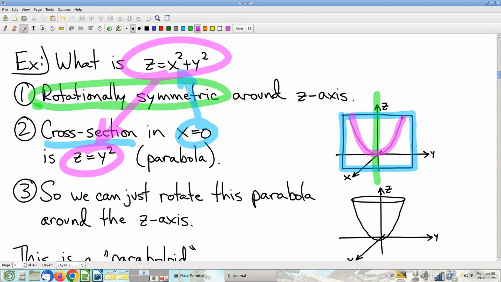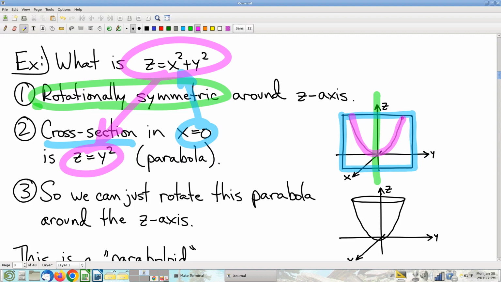All right, now let me pause and make sure everybody's still on board. We're looking in this cross-section in the YZ plane. The YZ plane has x equal to 0. So if I'm only interested in what's happening in that YZ plane, I'm allowed to plug in x equals 0, boom, boom, and now we have just a parabola. It's kind of all over but the shouting at this point.